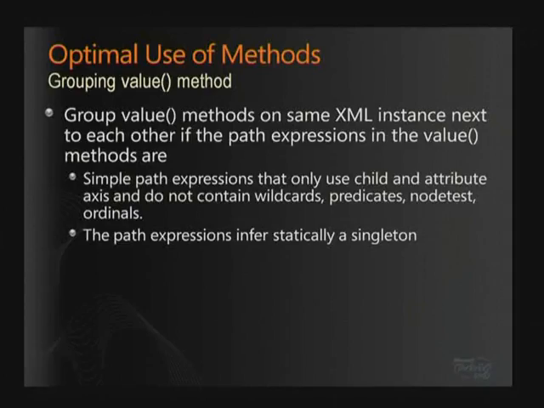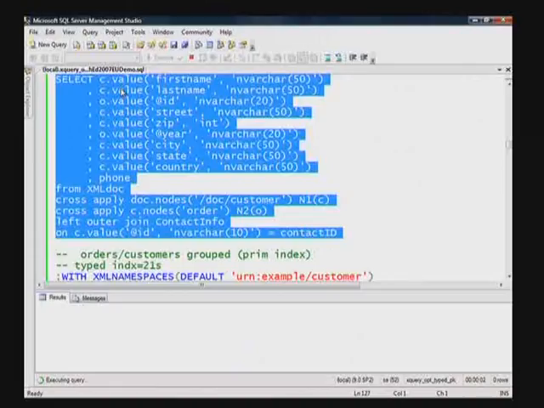So let me go back to the code again. And let me show you what happens if I add orders and customers. So in this case, I'm extracting orders and customer information. And as you can see, I have 2 customers, followed by an order, followed by 2 customers, followed by an order, followed by 3 customers.